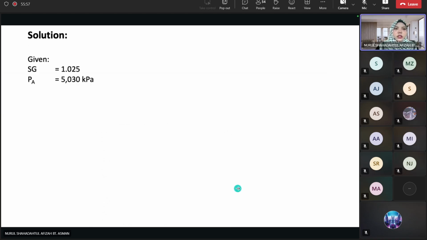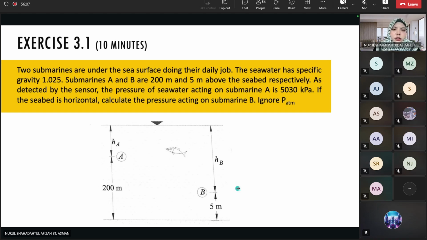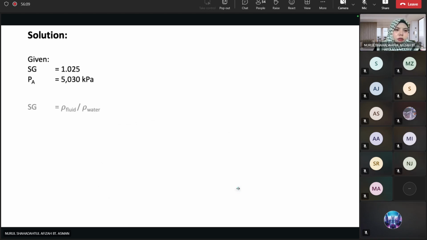So given specific gravity 1.025, and the pressure at A is also given. Specific gravity equals the density of fluid over the density of water.